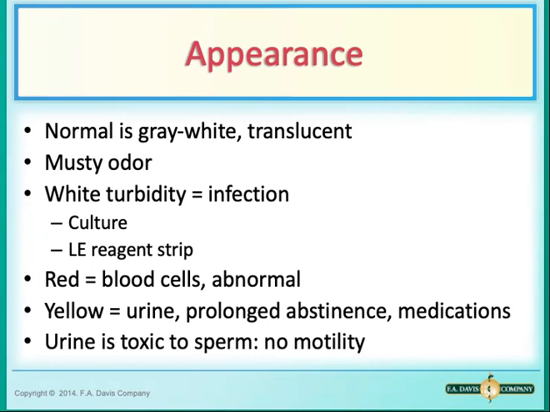When there is a yellow coloration to the sperm, that could be caused by urine contamination, but sometimes that's caused when a sample is collected after prolonged abstinence or with certain medication. Remember that urine is toxic to the sperm, and that does affect the evaluation of motility. So there must be no contamination with urine when you are evaluating this sample.